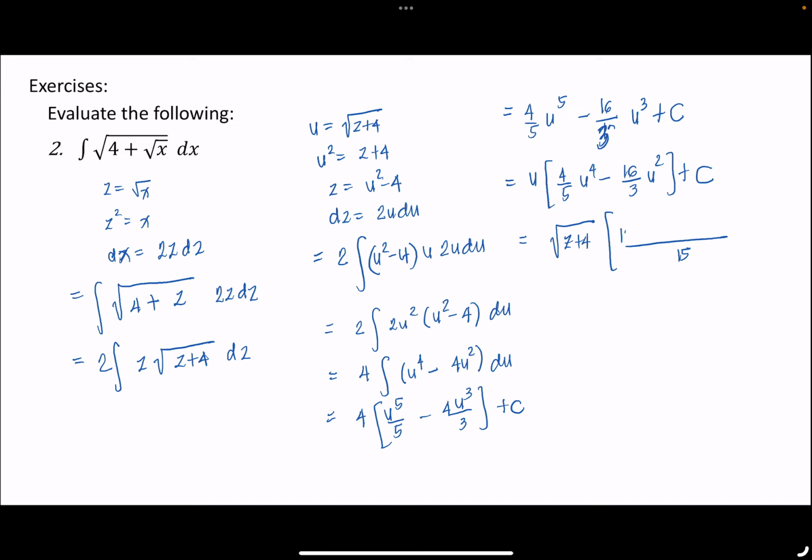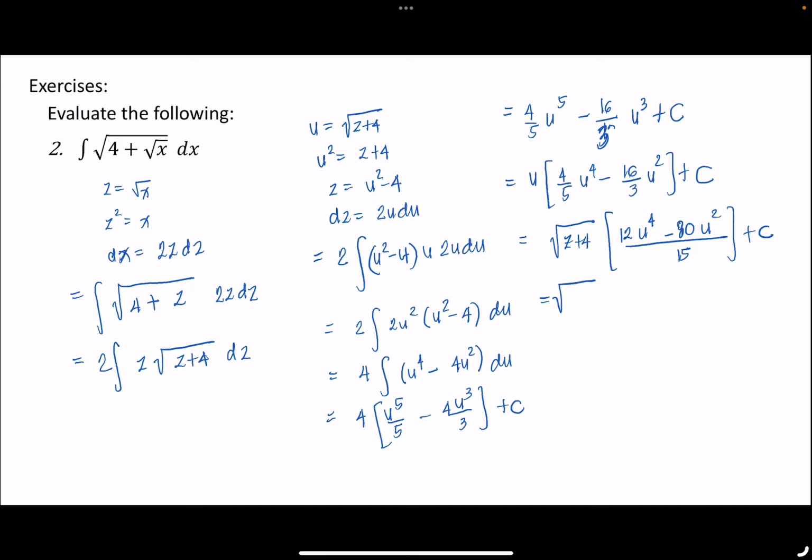3 times 4 is 12, u to the 4th, minus 15 divided by 3 is 5, and 5 times 16 is 80, u squared, plus c.